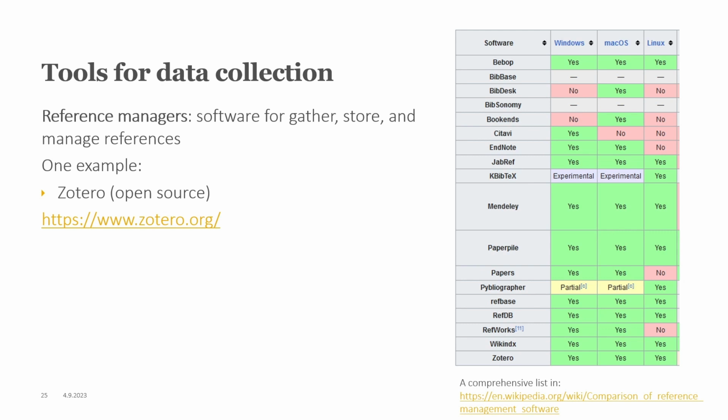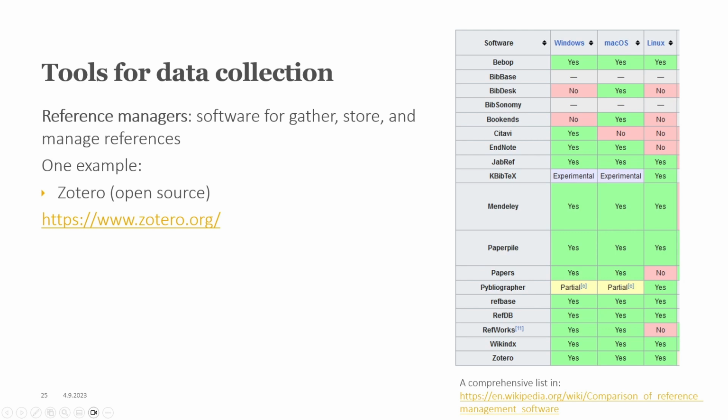I'm going to talk today about Zotero, because it's open source and it's free. Some of the well-known ones are Mendeley, which is connected with Elsevier, but also JabRef and Notion. But I'm going to focus on Zotero right now for some examples.